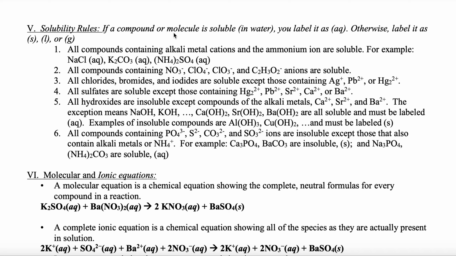If a compound or molecule is soluble in water, you label it as aqueous, meaning water. Otherwise, label it as solid if it's insoluble, or precipitate. Liquid if it's obviously a liquid like water, or a gas, obviously a gas like CO2, nitrogen, oxygen.